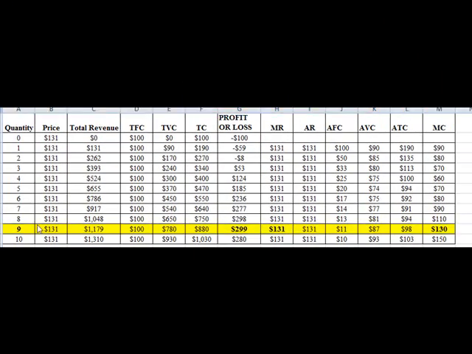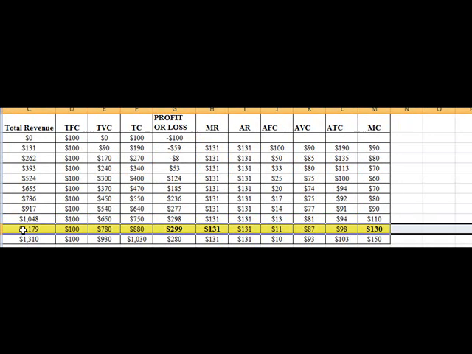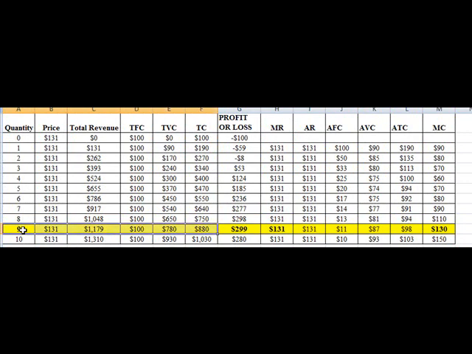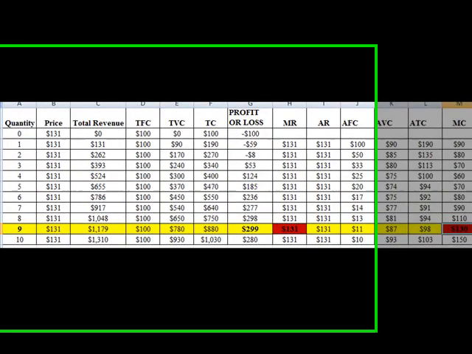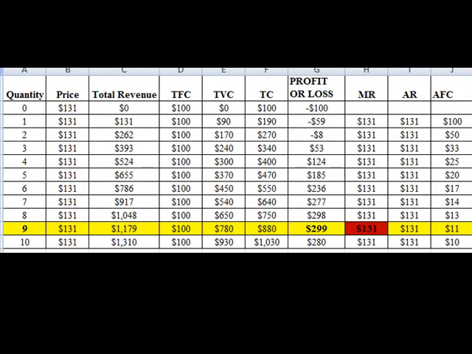So I'm looking at this particular row here, row 9, where units of production equal 9, and my marginal revenue, let's highlight this in red here, is approximately equal to my marginal cost. What this means is that is where I maximize profit.